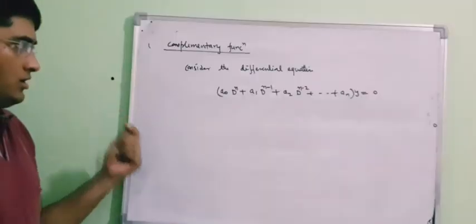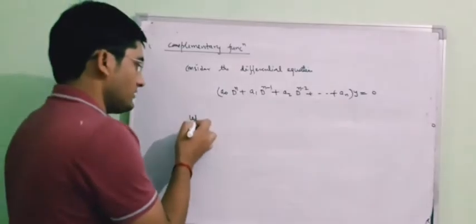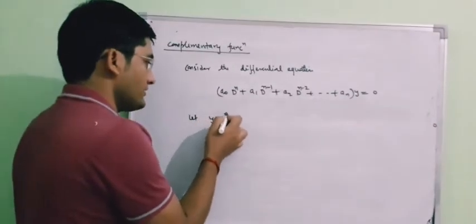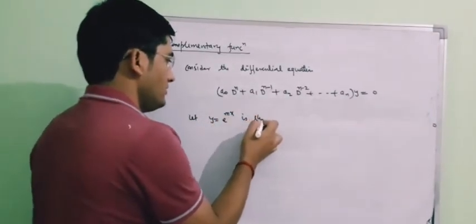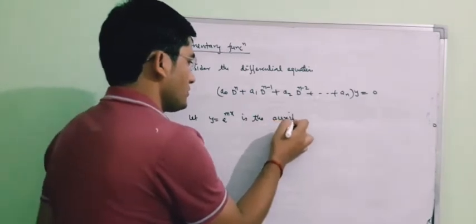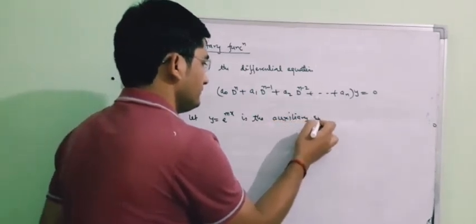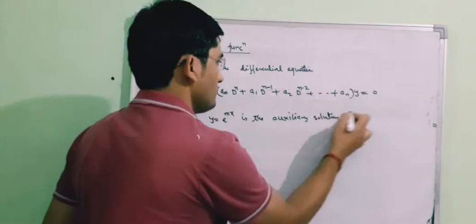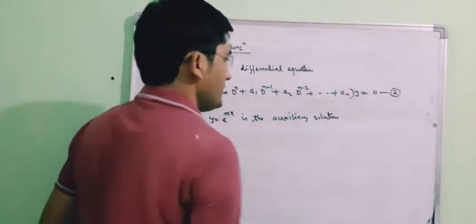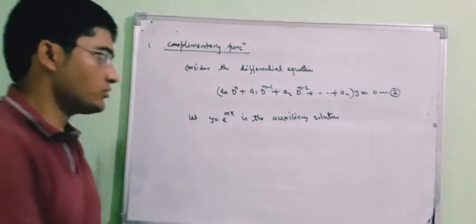Now suppose its auxiliary solution is y equal to e^(mx). Say this is equation number 2, and suppose this is the auxiliary solution of 2.